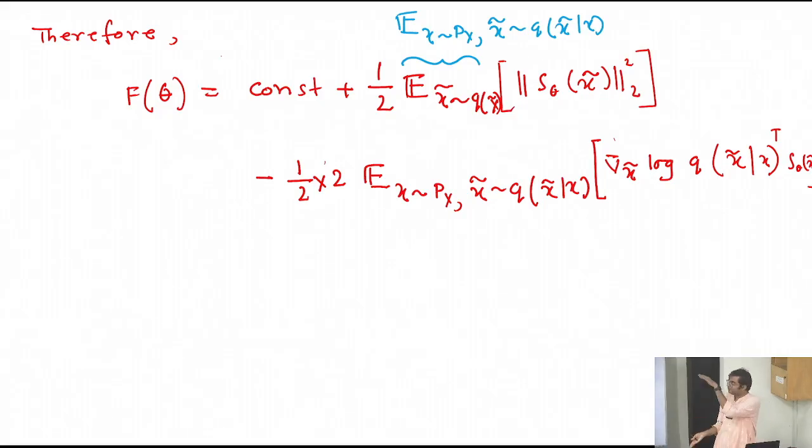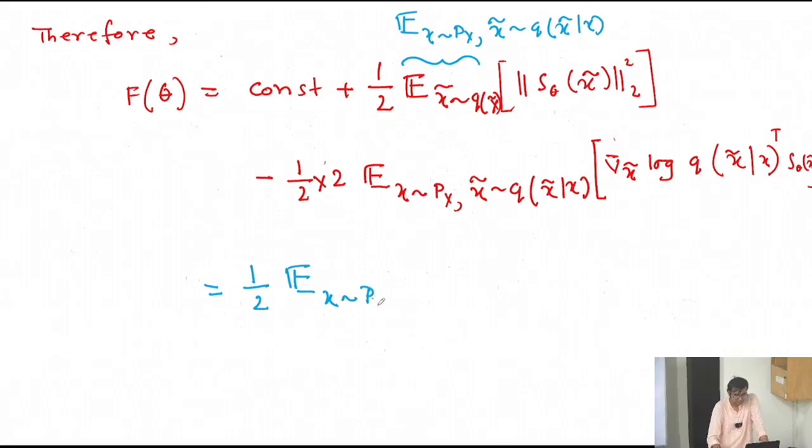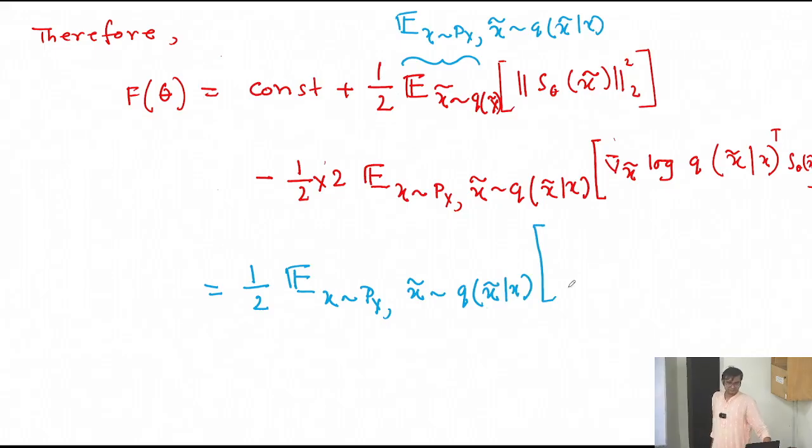And if they are the same, the two expectations can now be combined into a single expectation. We combine them. This is equal to half expectation x from px, x tilde from q of x tilde given x. This term remains. Now, what do we have inside?